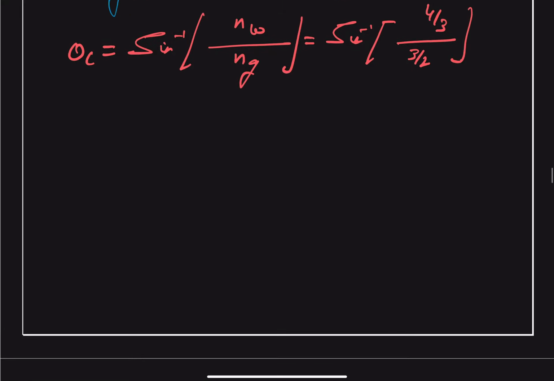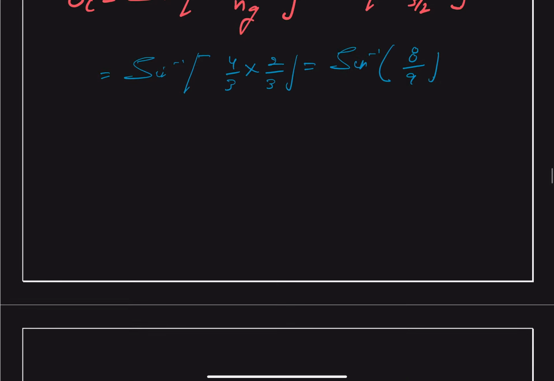And this gives us sine inverse, we have 4 by 3 multiplied by 2 by 3, giving me sine inverse of 8 by 9.